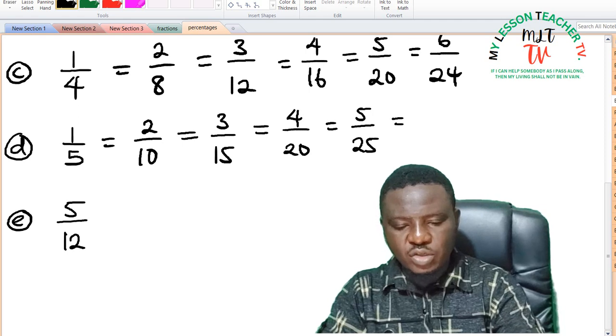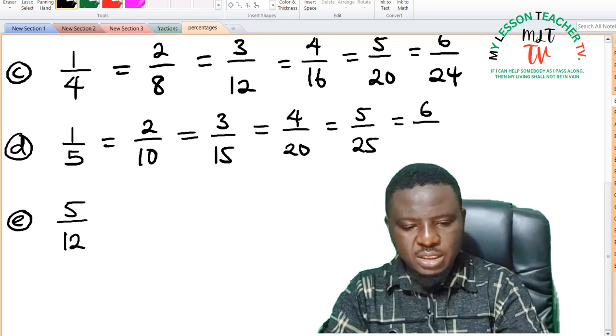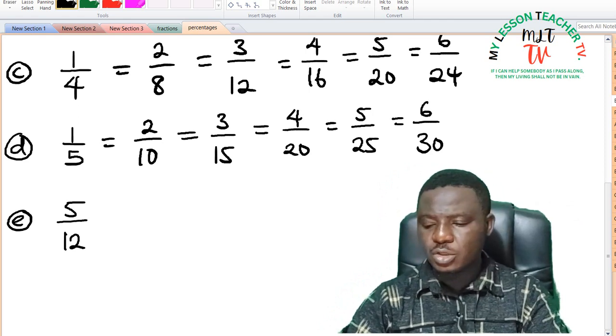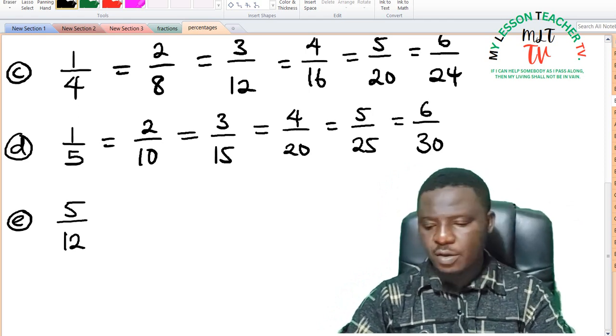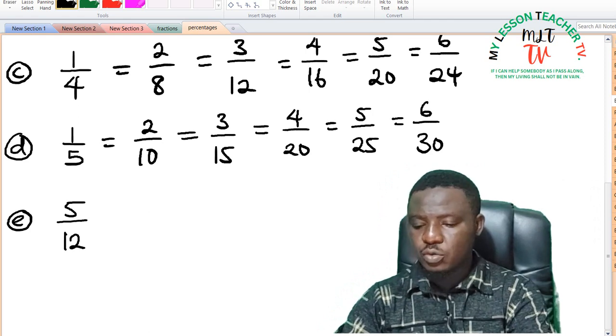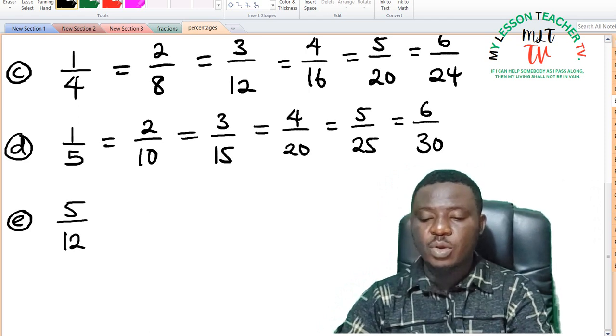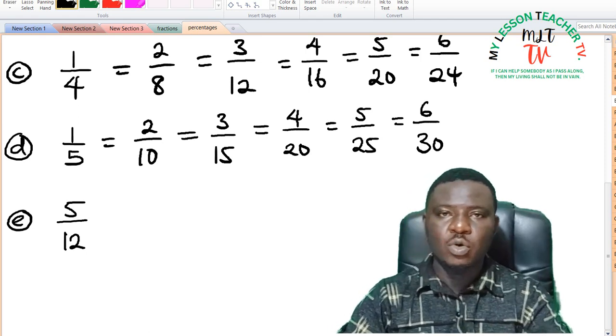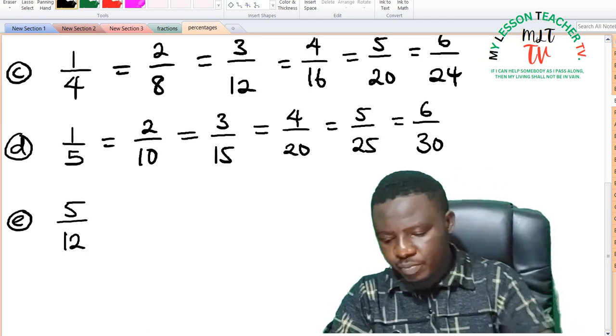And the fifth equivalent fraction is 6 divided by 30. All these are equivalent to 1 over 5, because when you divide 2 over 10 by 2, it gives you 1 over 5. When you simplify 3 over 15 to its lowest term, it still gives you 1 over 5.